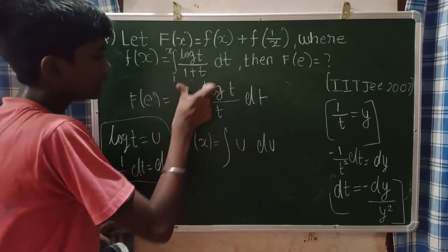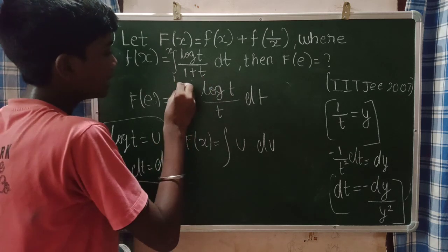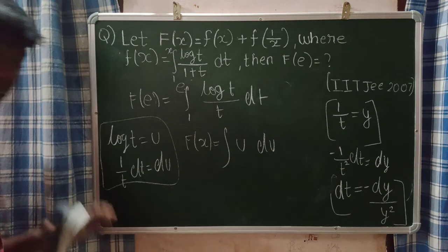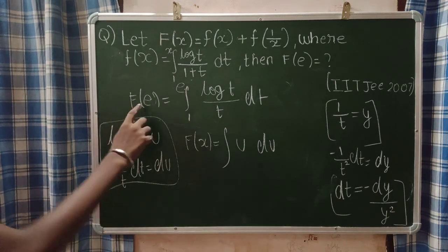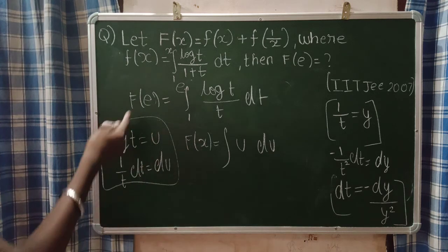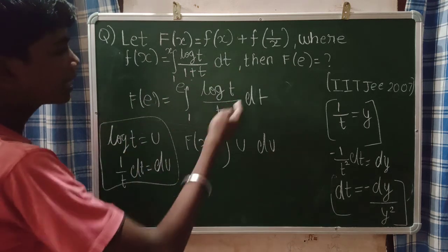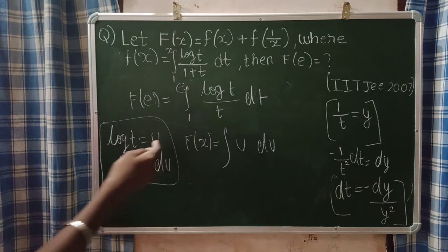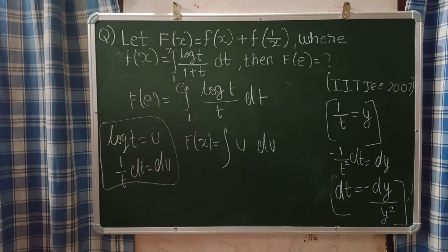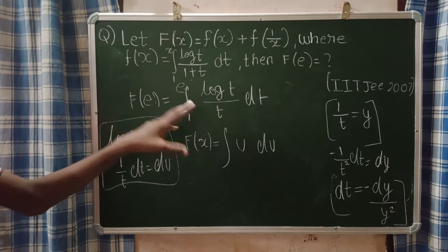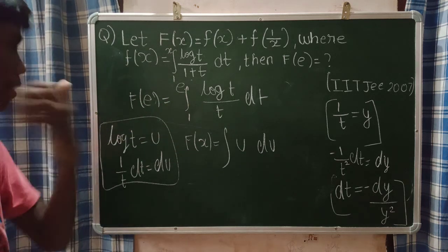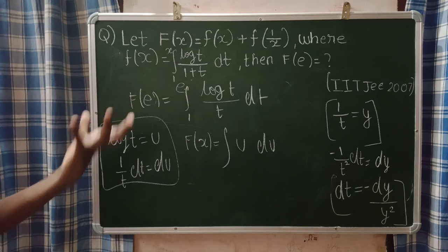When you put x as e, only your upper limit changes to e. Because I got f of x is the integral of log t by t of dt from 1 to x. Now, if I need to find the value f of e, just put x as e. Only your upper limit changes to e because only in the upper limit you are having x.